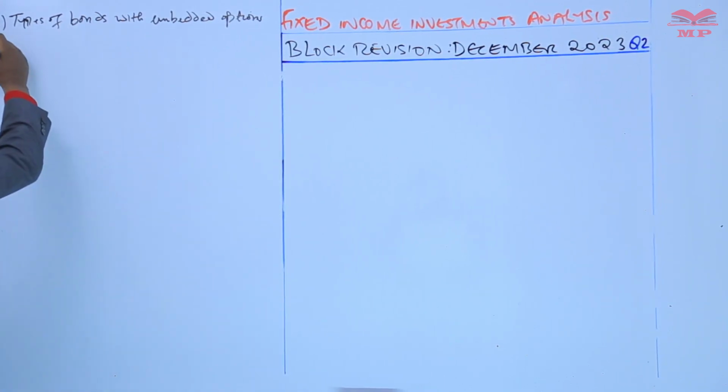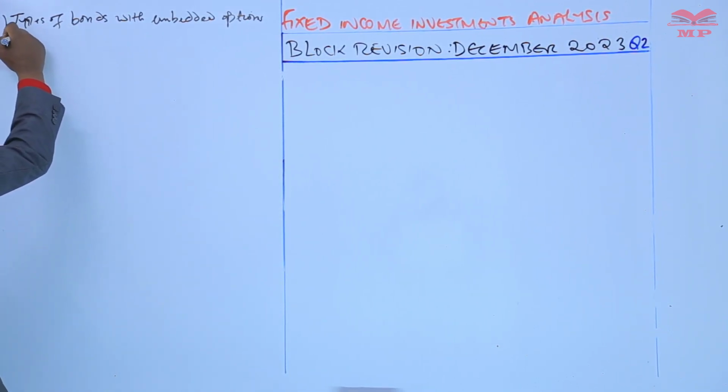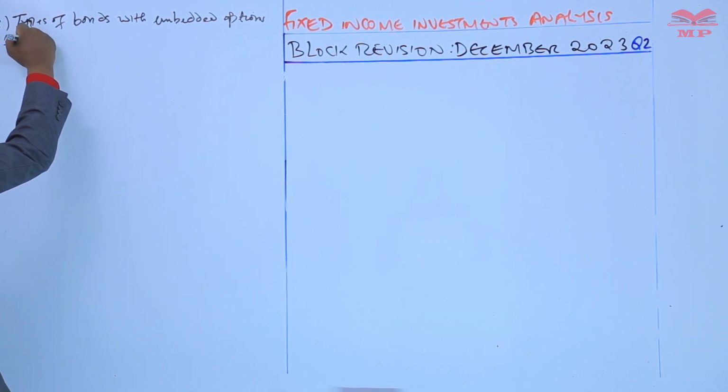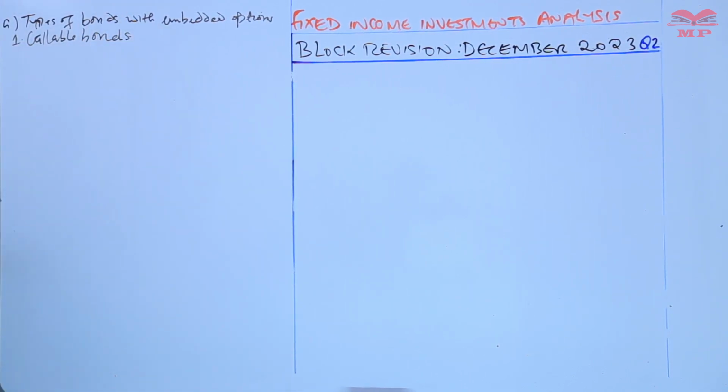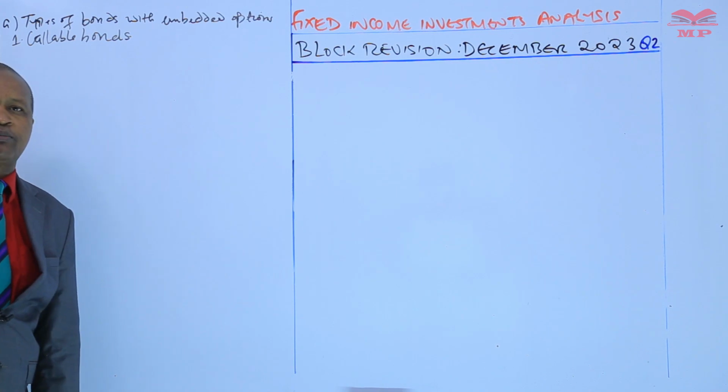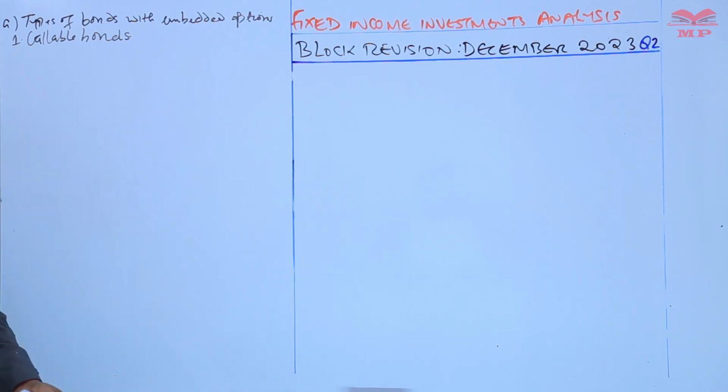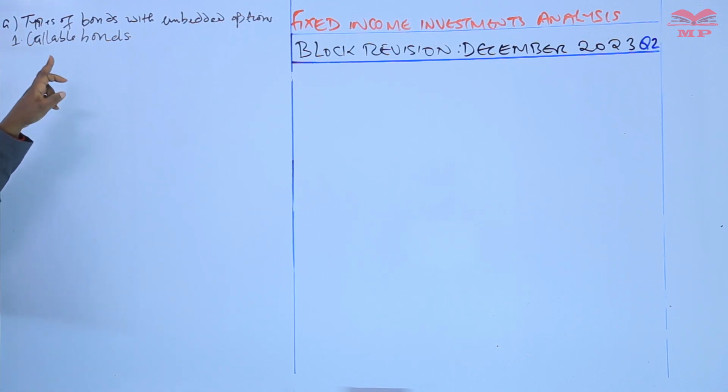I first mentioned the callable bonds. What are callable bonds? These bonds grant the issuer the right to redeem the bond before its maturity date at a predetermined price.